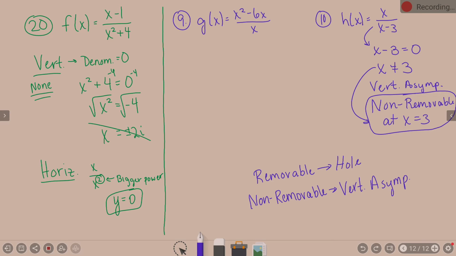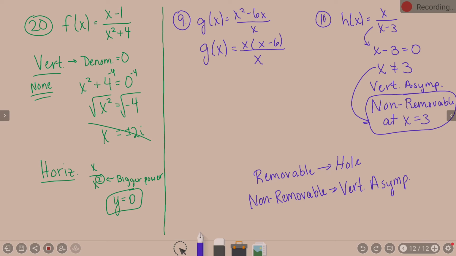And what do you notice on top? There's a GCF of x. I'm actually going to write it out right here. So GCF of x means if I factor an x out on top, x squared divided by x leaves me with x minus 6x divided by x is 6.